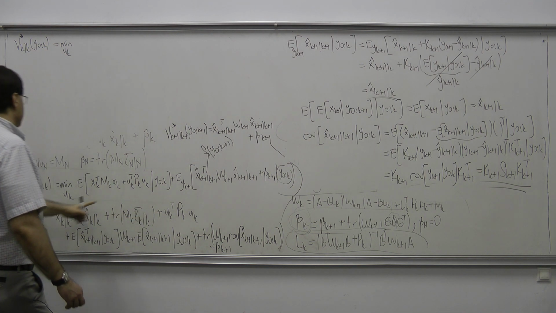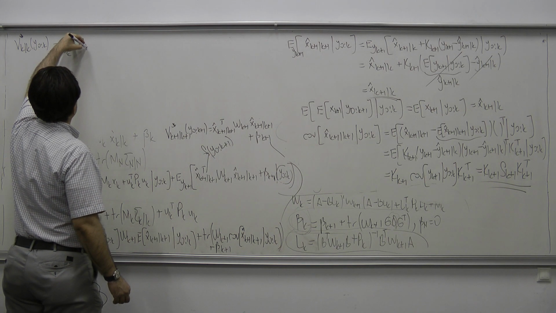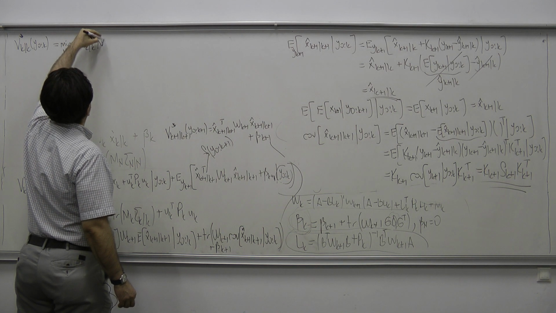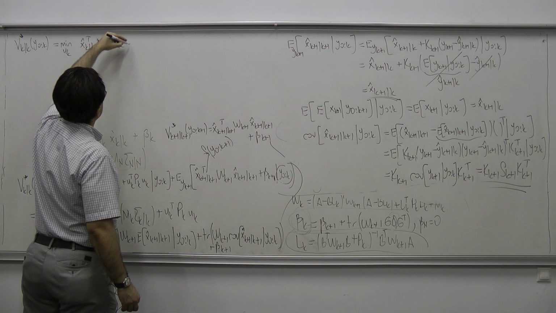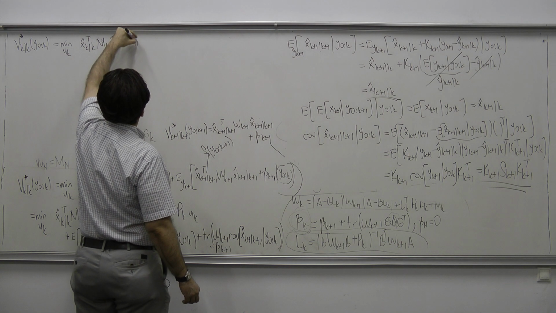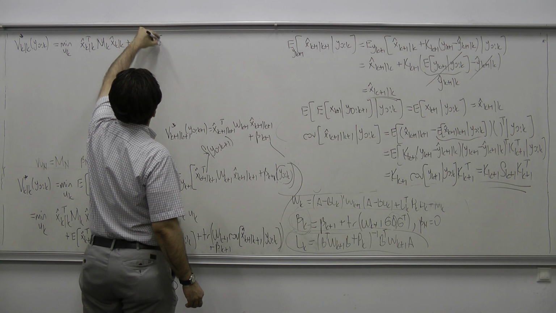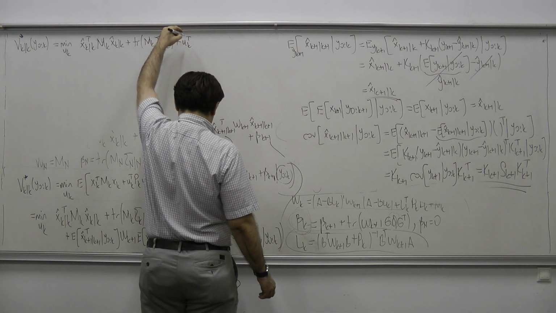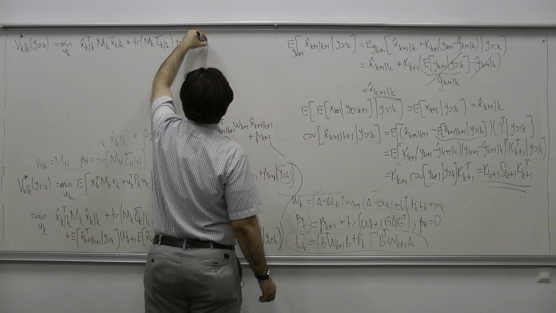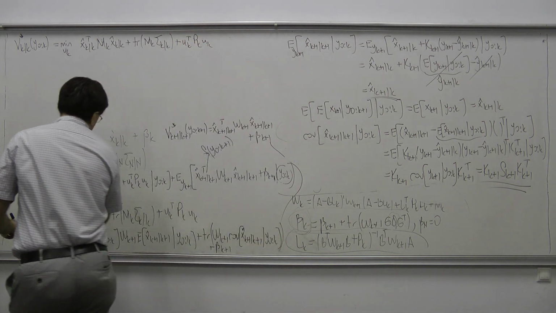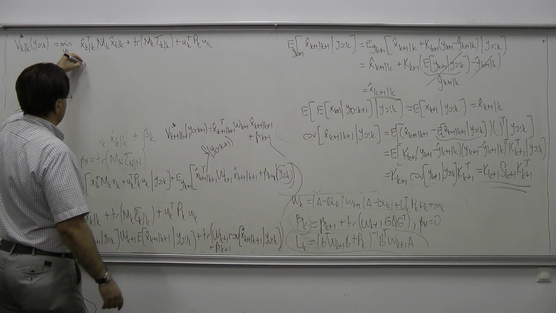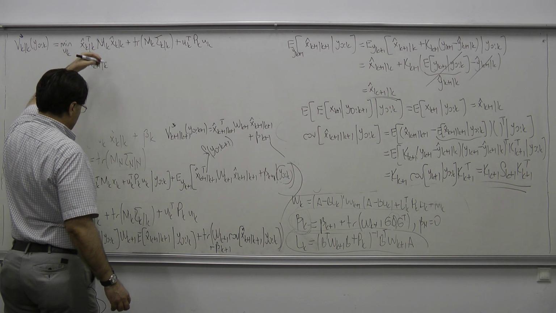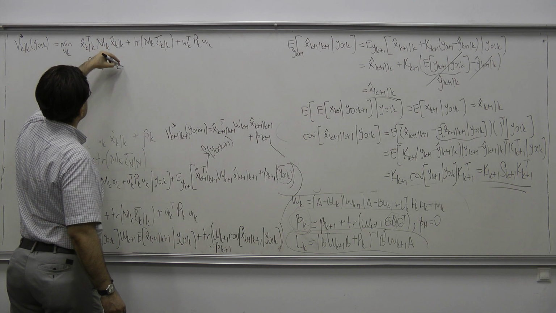I would have to write these, unfortunately. x at k given k transpose M k x at k given k plus trace M k Sigma k given k plus u k transpose P k u k, and I would have this expectation, plus this expectation is nothing but x at k+1 given k, and I would have W k+1.